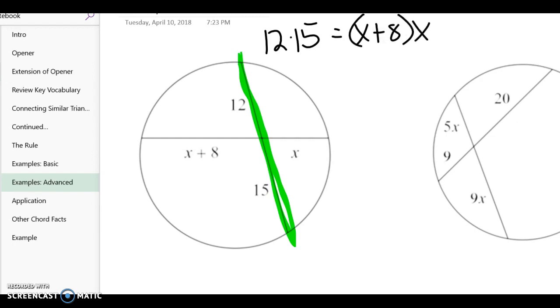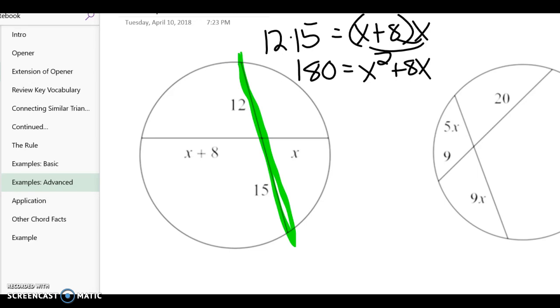Well, 12 times 15 is 180. But when I distribute, x times x is x squared, x times 8 is plus 8x. Uh-oh, I've got a nasty little quadratic to deal with.